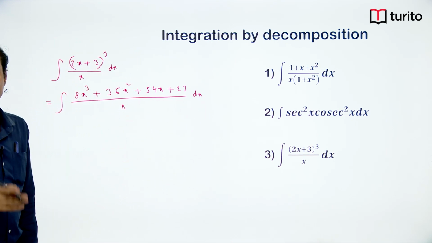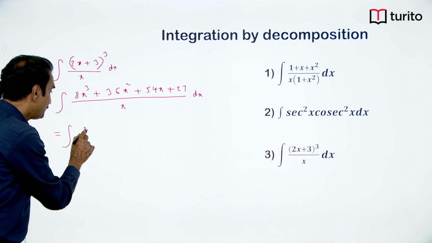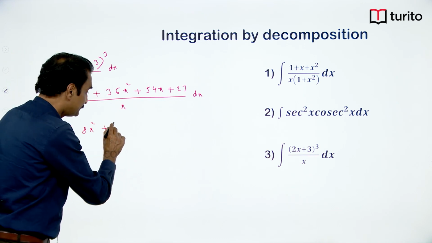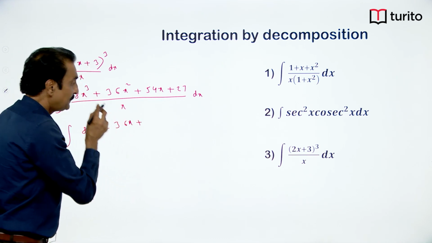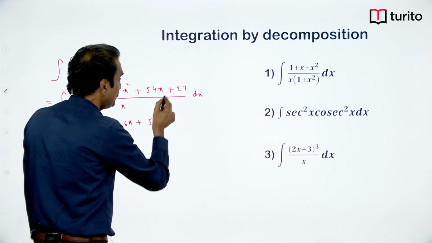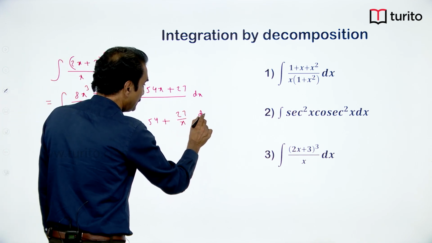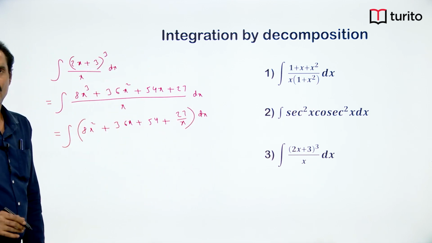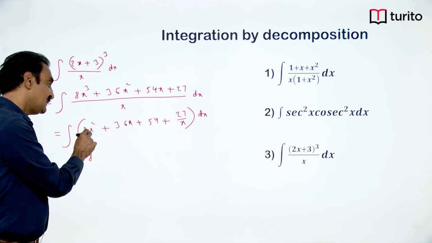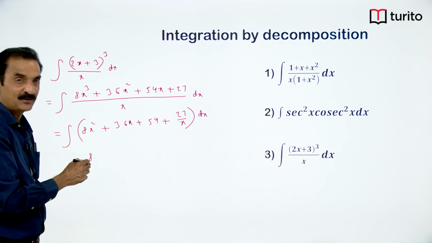Now, simply separate x to each term. You will get integral 8x square plus 36x plus 54 plus 27 by x dx. Now, integrate each term. 8 is constant, 8 into integral of x square is x cube by 3, using our formula x power 2 plus 1 by 2 plus 1.